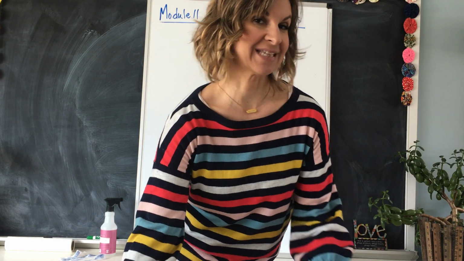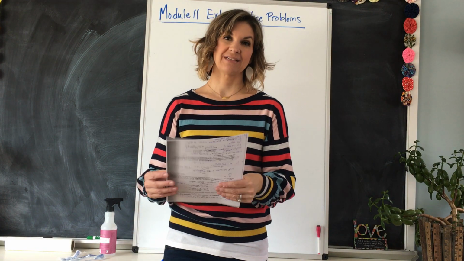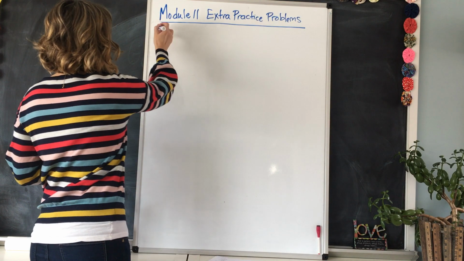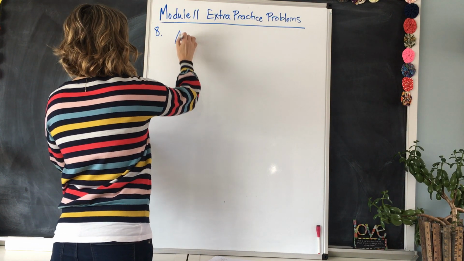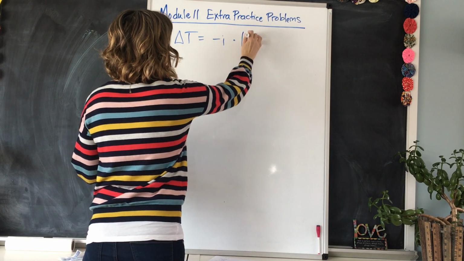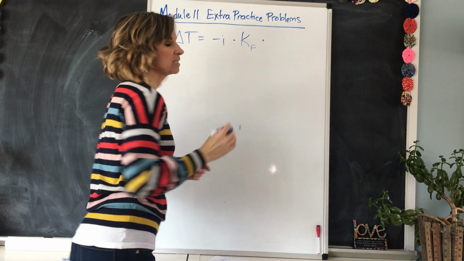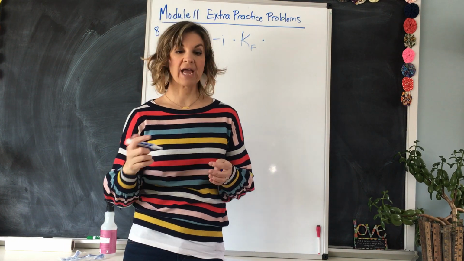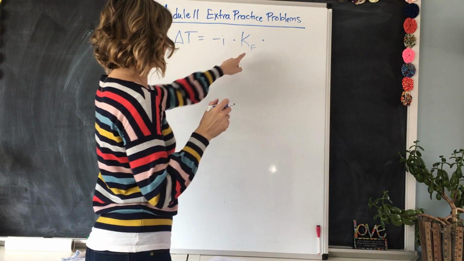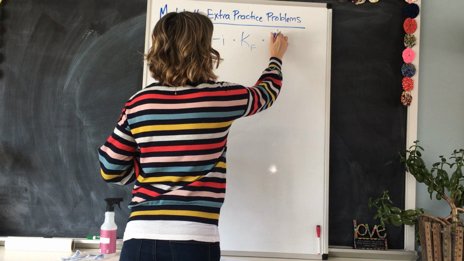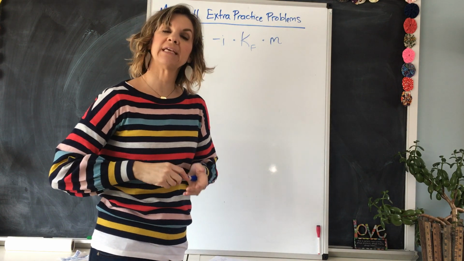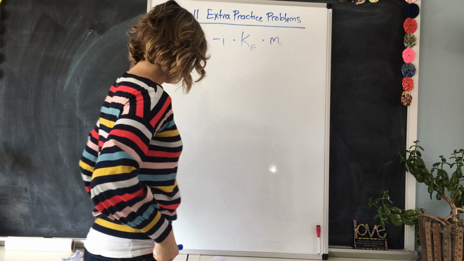So now we're going to use that freezing point depression equation. For number 8, we're going to use delta T equals negative I times Kf, which is going to be given to you on the test or on this page in your book. It's at the very top. Kf is a constant, times the molality, or the concentration of what you're dissolving in how much water.